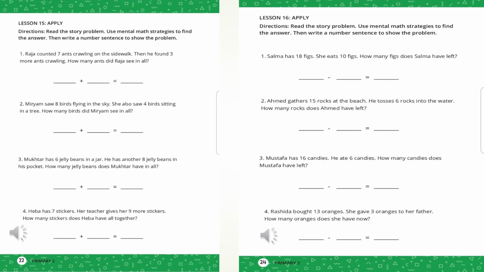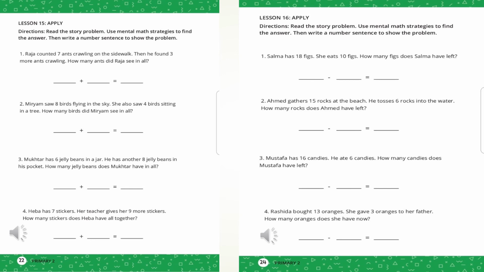Read the story carefully. We already read it. Circle the numbers. We have here 7 ants and 3 ants. Circle 7 and circle 3. Underline the keyword, which is in all. So circle 7, circle 3, underline in all.